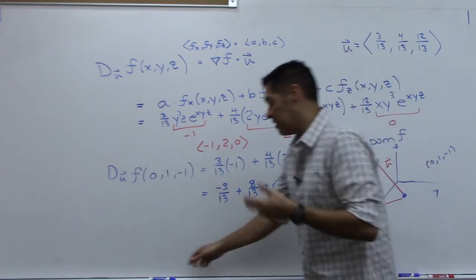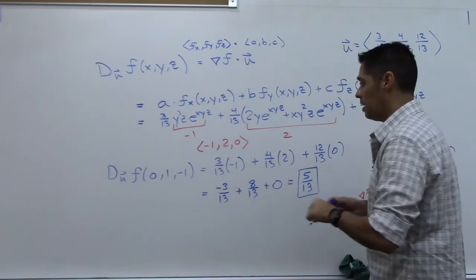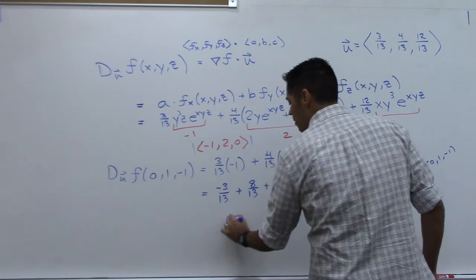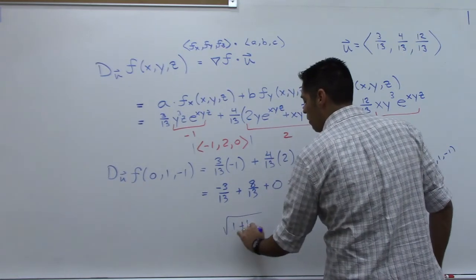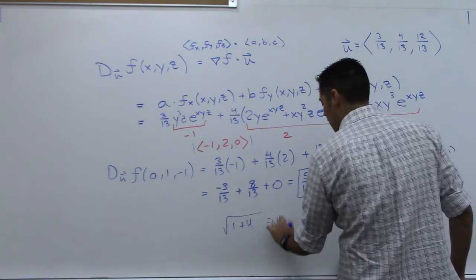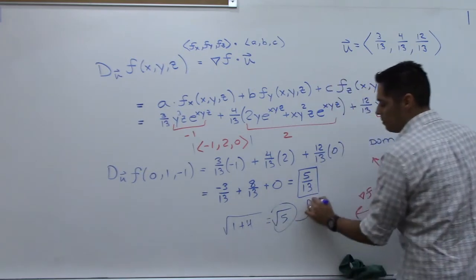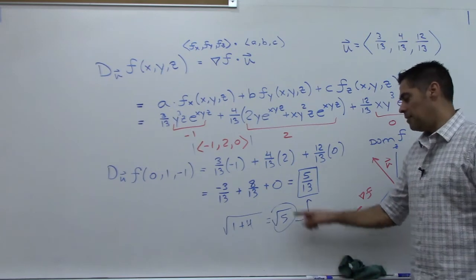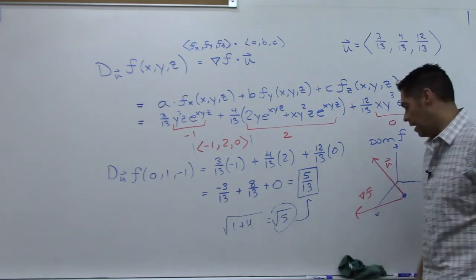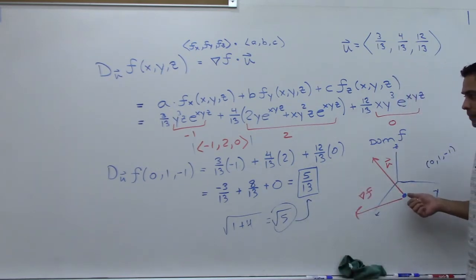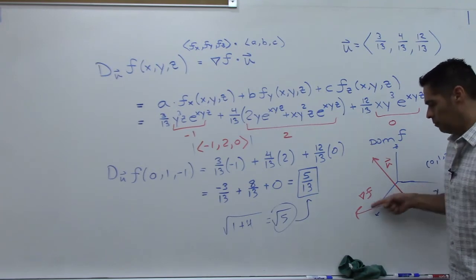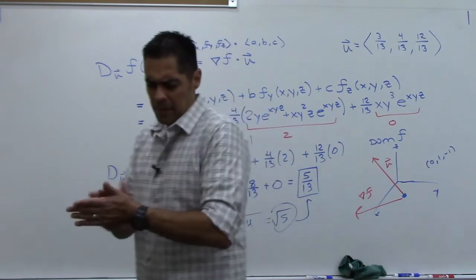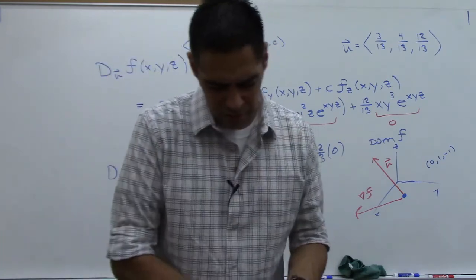And if I wanted to know exactly how fast it was increasing, I would just take the magnitude of this. So let's do that. Magnitude of that, square root of 1 plus 4 plus 0, it's root 5. Notice root 5 is bigger than that. And that's because root 5 is the biggest increase you're ever going to get when you're standing at that point. That's the biggest increase, and you have to move in this direction in order for that to happen. All right, I hope that makes sense. It's hard to visualize that.